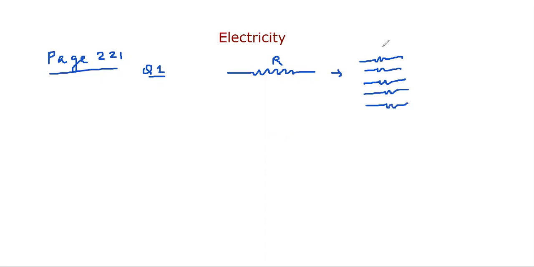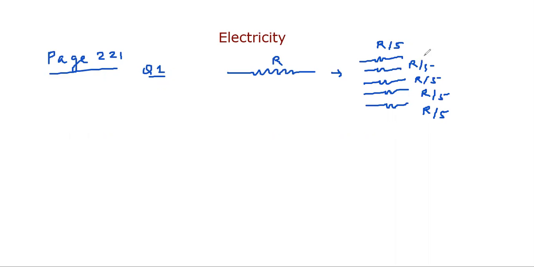So each part will have resistance R by 5, R by 5, R by 5, R by 5, R by 5. These parts are then connected in parallel. And if the equivalent resistance of this combination is R dash, then the ratio of R to R dash is.